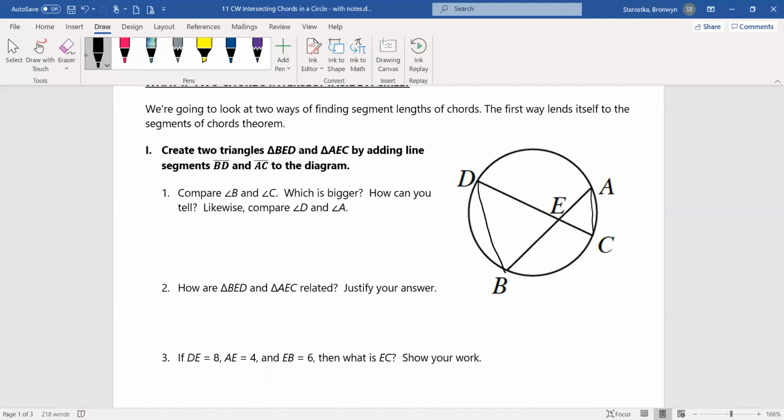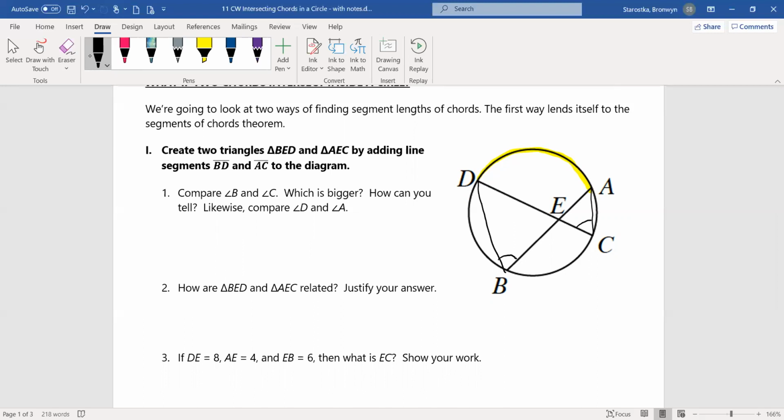We want to compare angles B and C and determine which one's bigger. Well, if I look at angle B, it's an inscribed angle, and its intercepted arc is AD. But we also know that angle C is an inscribed angle with the same intercepted arc.